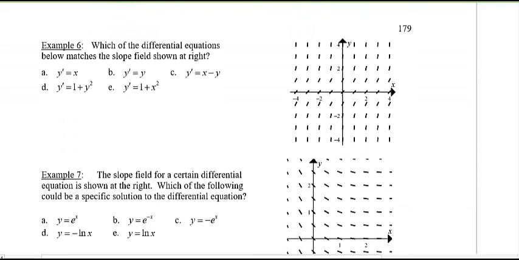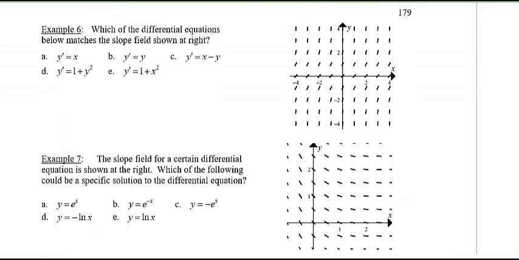Alright, finally, 2 multiple choice questions that I'd like you to try. I'm going to give you some time to think about this yourself first, because it's easy if I just give you the answer. But I want you to look at these 2 examples. Example 6 says, which of the differential equations actually match the slope field shown at the right?